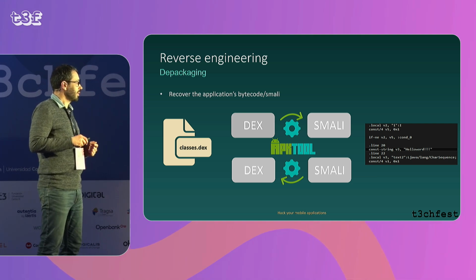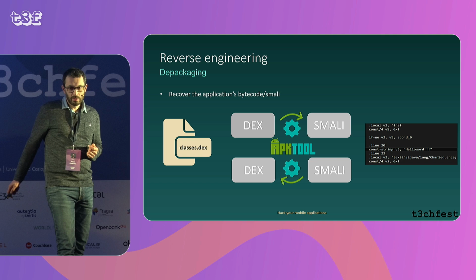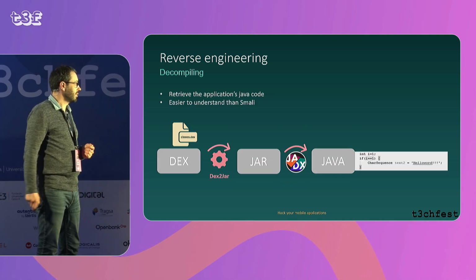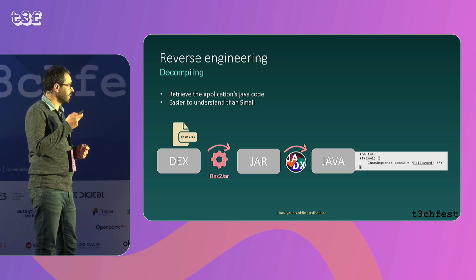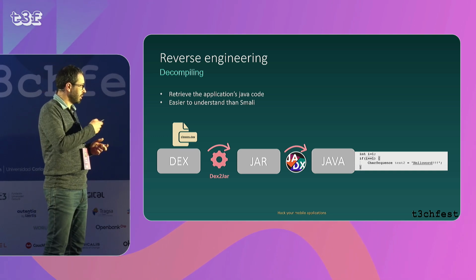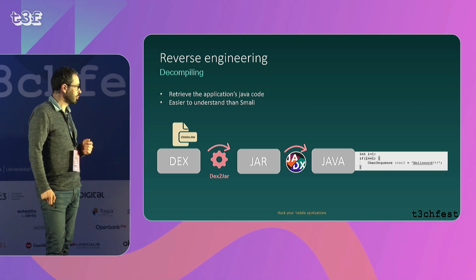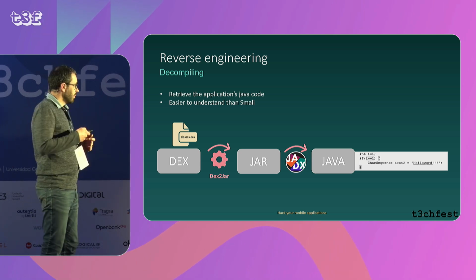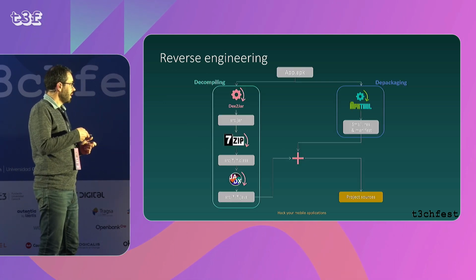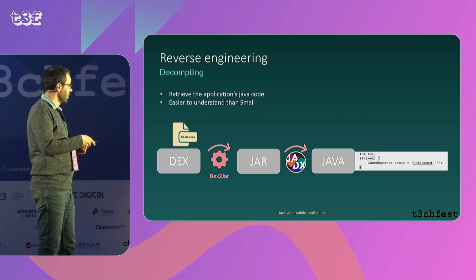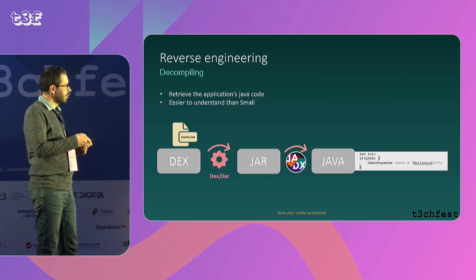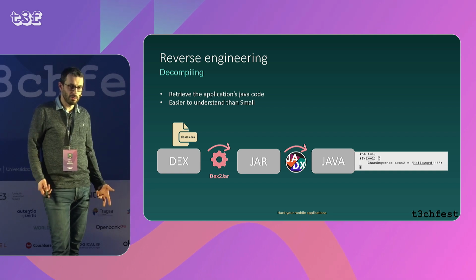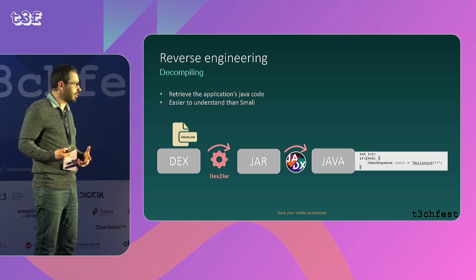Okay, but it's not easy to understand. So I will also have another tool, which is JADX or dex2jar. Here there are two tools. And with these tools, I can go from the DEX file to Java code, which is understandable and much easier to understand.